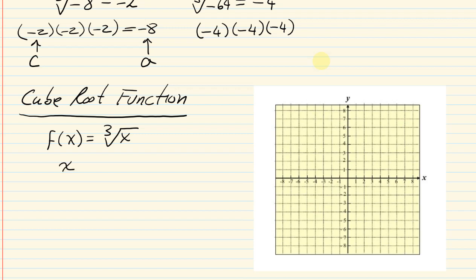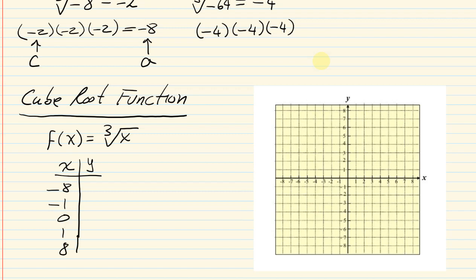So I'm going to choose what we call perfect cubes, numbers whose cube roots are going to be a whole number. So for example, I'm going to pick negative 8, and then I'm going to pick negative 1, and then 0, 1, 8.